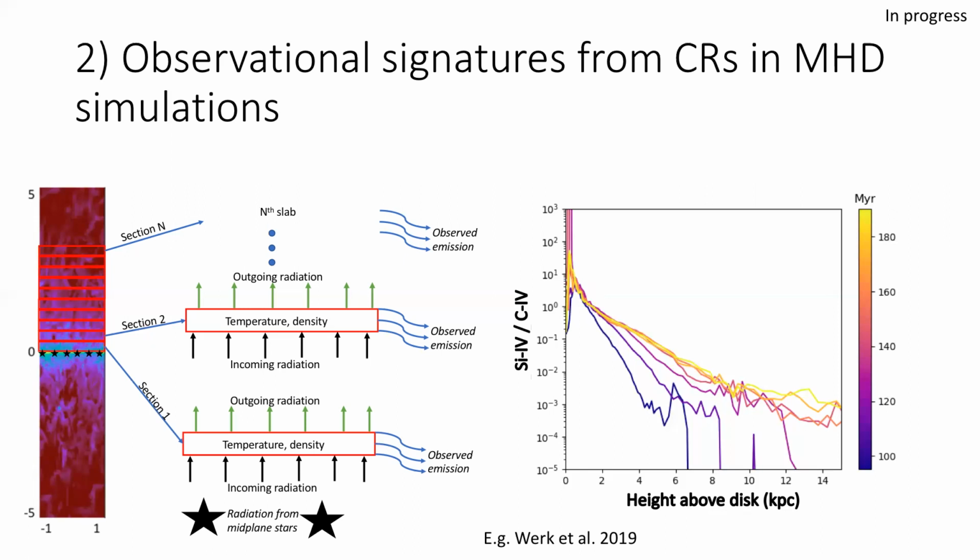The assumptions that we make in modeling, and also the underlying simulation itself, since this is just for one simulation, will change not only the peak value, so the normalization, but also the shape. So how fast does this profile decline or increase, or does it flatten out?